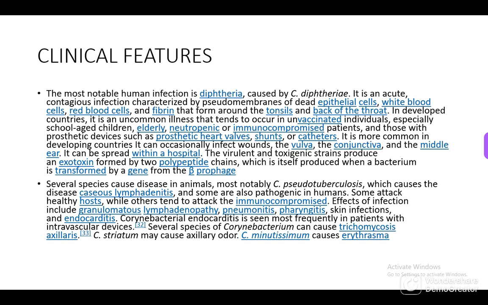Now, several species cause disease in animals, most notably Corynebacterium pseudotuberculosis. This will be asked by the examiner; I remember it in 2016.